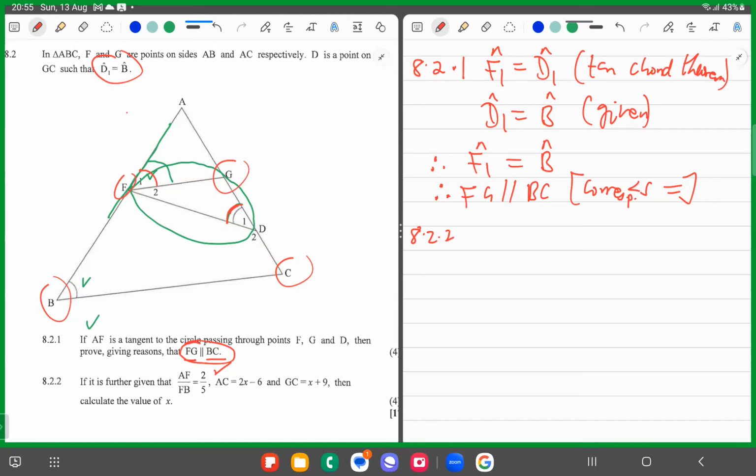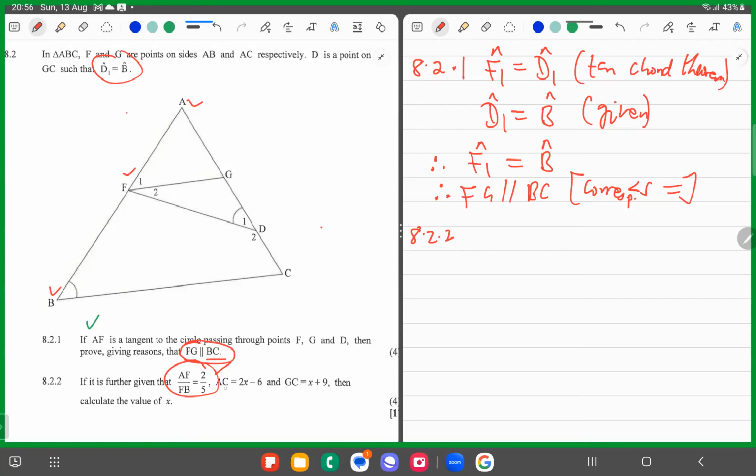You have been given that AF over FB is equal to 2 over 5.